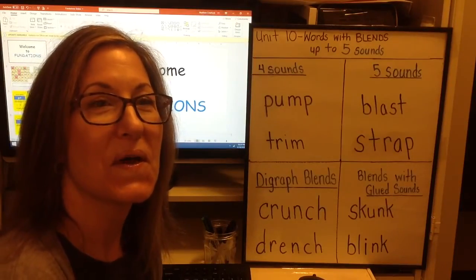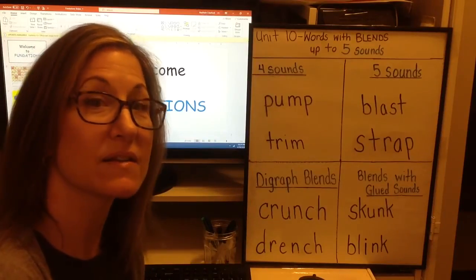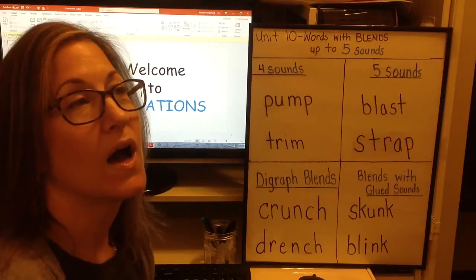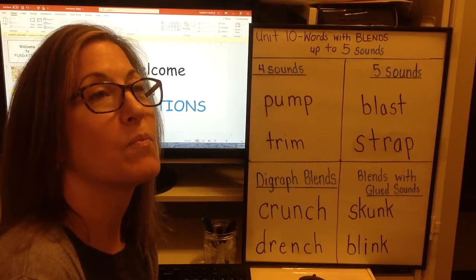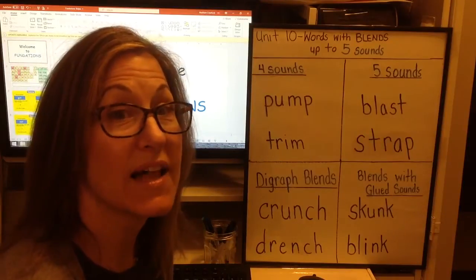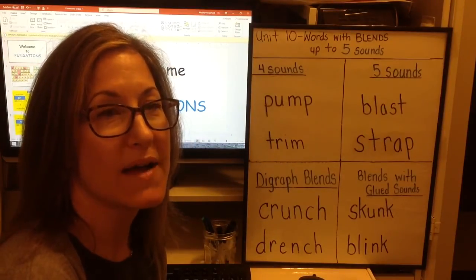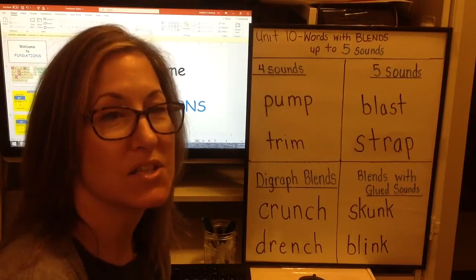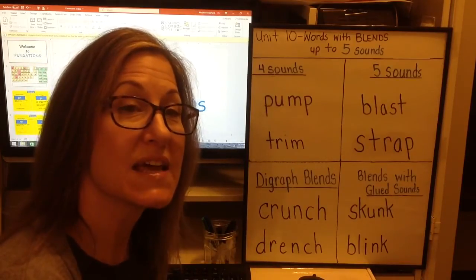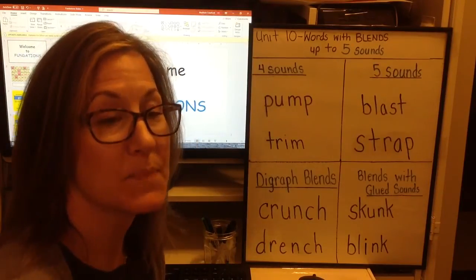So here we go. The first part of our lesson is going to be a little bit of a review from when we stopped going into the classroom. So when you have been home for the last month, you were asked to continue with Fundations lessons 8 and 9 because we had left off with lesson 7.